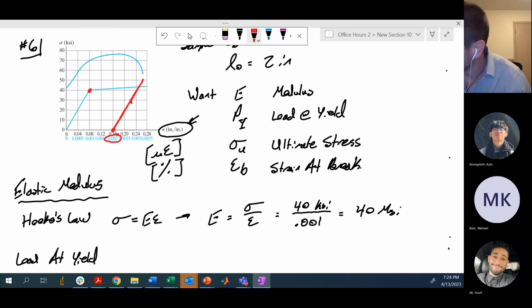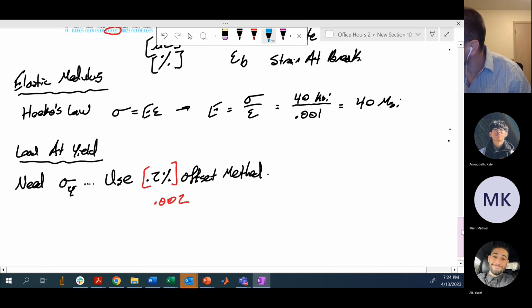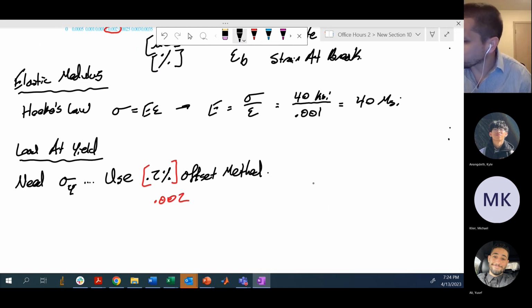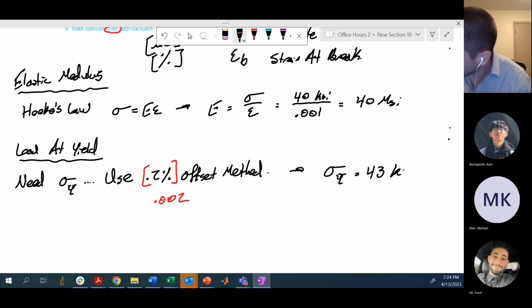Okay, and this has the same slope as the elastic modulus that we calculated. So I'm running into my graph right around this particular location, which, in the solution manual, I called 43 KSI. So here we'll get a yield stress of 43 KSI.